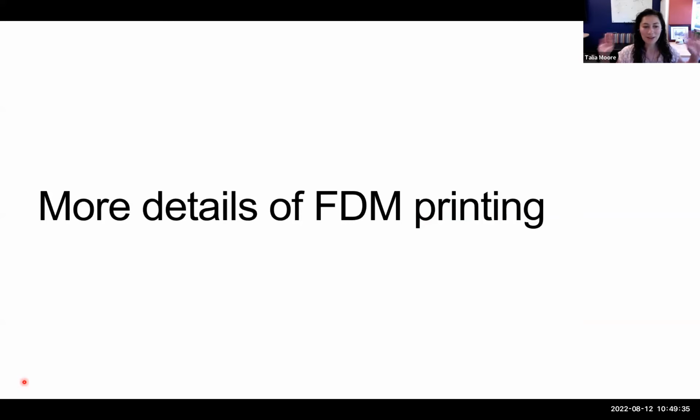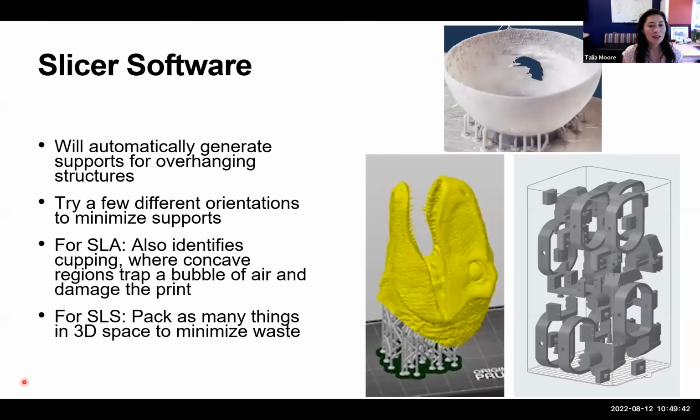I'll tell you a little bit more details about FDM printing, but these are all kind of general and very quick. All 3D printers are going to have slicer software, and that's going to take this 3D object and turn it into the individual layers that are going to be sent to your 3D printer.